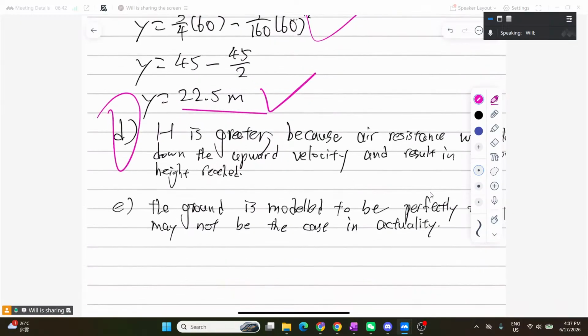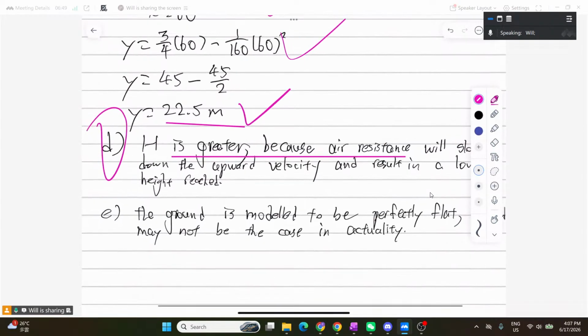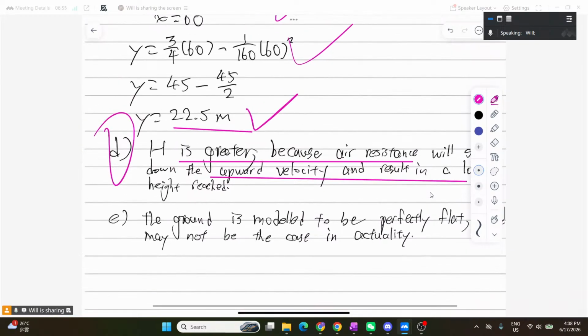And for part D, your answer is the axis greater. Because the air resistance will reduce the upward velocity and result in a lower height reached. The answer is one.